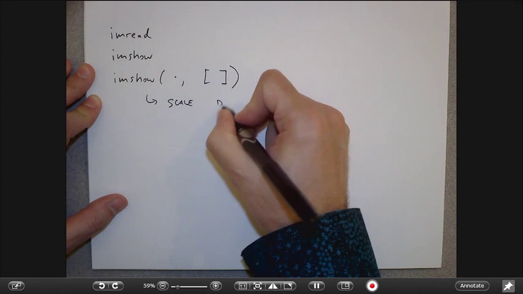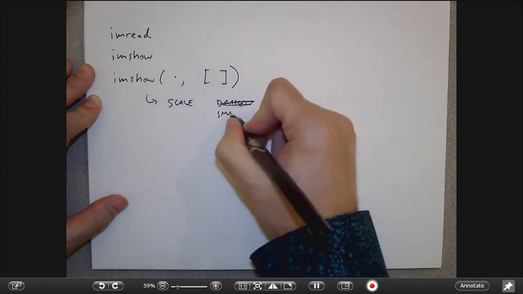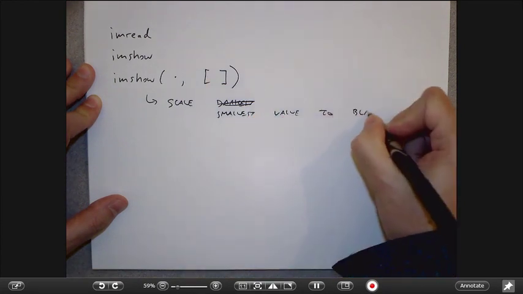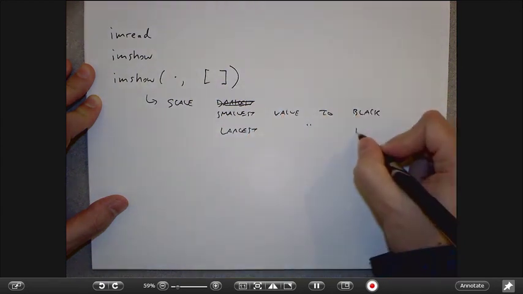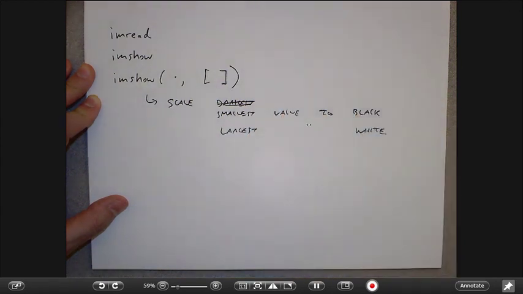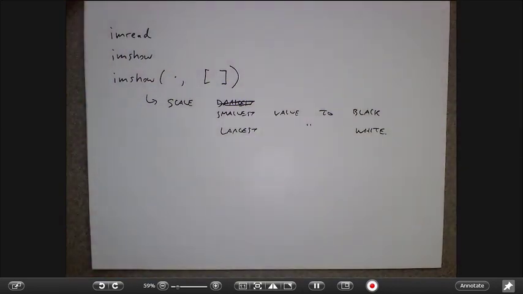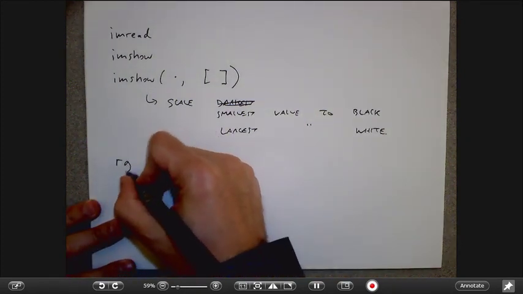This basically says to scale the smallest value to black and the largest value to white. We'll talk about this a lot more in the next lecture, where we're going to talk about image display and what are called point operations, for taking the pixel value and showing it on the screen.